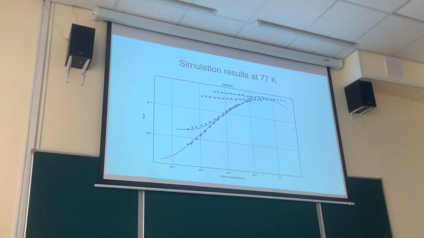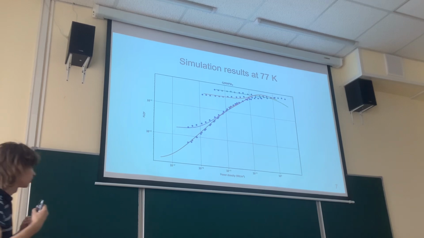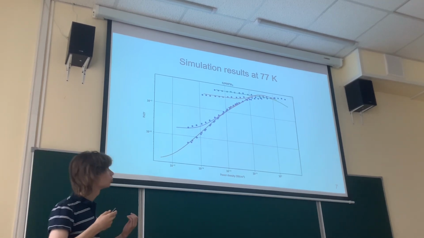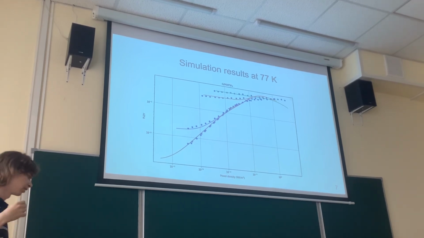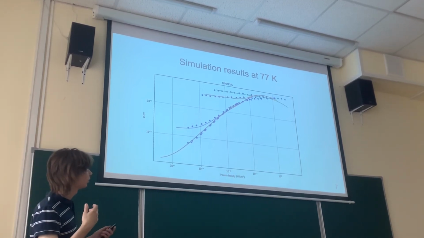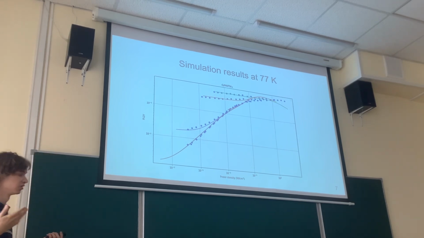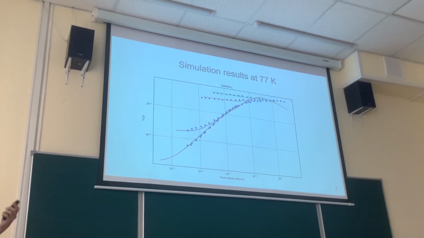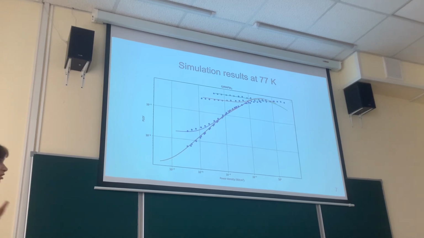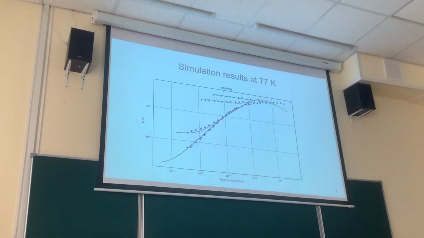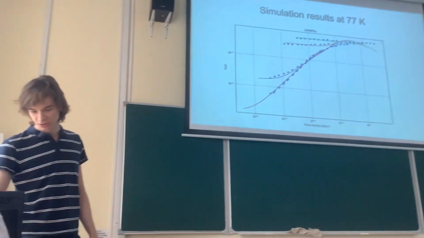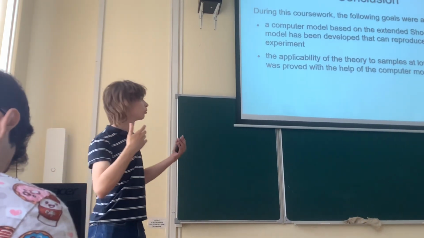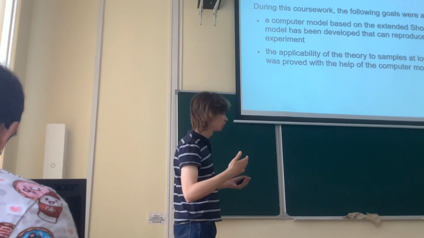Then, by empirically estimating some constants, we were able to produce this result, which is the same low temperature device. You can see the theory was able to describe it and simulate it correctly, and the correlation between theoretical and experimental results proves that the theory is correct and can be applied to films at any temperature.